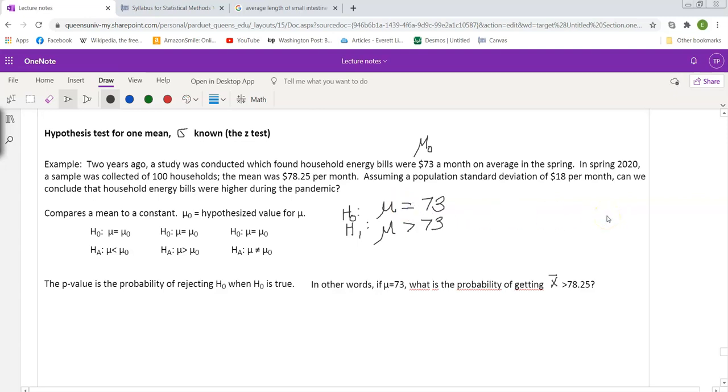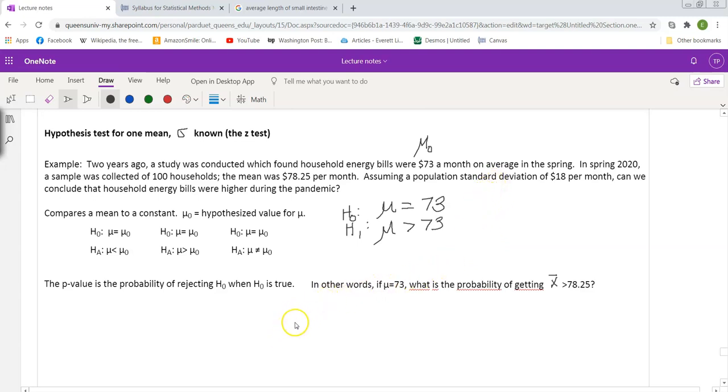We're never really concluding H naught anyway, so let's just assume that it's on the boundary there. So usually you'll see the null hypothesis written as an equal. All right, so these are our hypotheses for this problem.